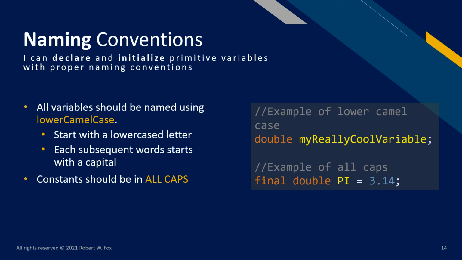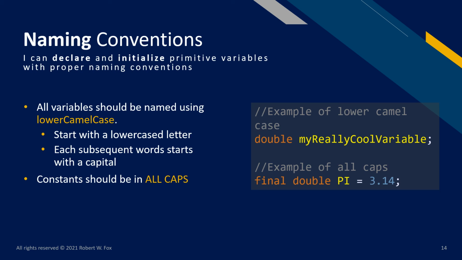A naming convention basically is a way of naming something that will make us consistent with all other Java programmers in the world. So starting with variables, variables should always be named using lower camel case. And basically what that means is that variable names start with a lowercase letter, but then every word after that starts with a capital. So in the example, myReallyCoolVariable, notice that every word besides the first one starts with a capital letter.